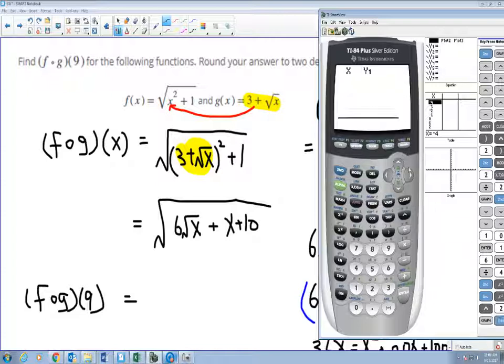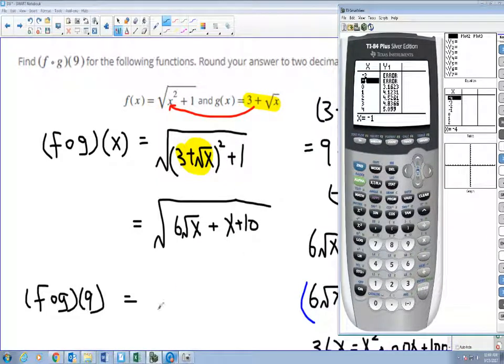Okay, what was the domain? Can't be -1. I don't think it's -1. Does the domain start at 0? I know it cannot be -1 right here. Okay, so that's not too bad.